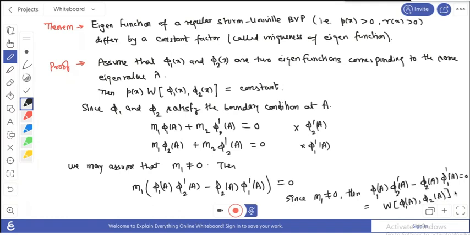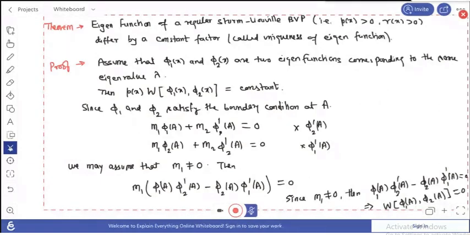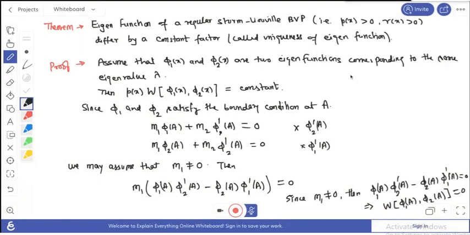So this Wronskian equals 0. Therefore p(x) times the Wronskian equals 0, and here p(x), being of a regular boundary value problem, is non-zero, where x belongs to the closed interval [a, b].